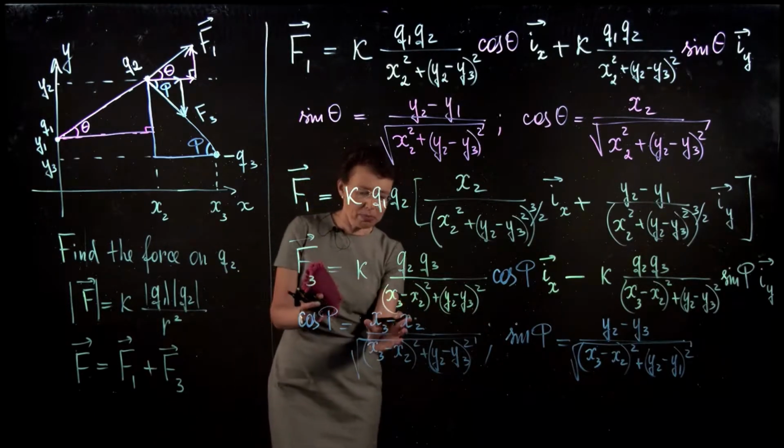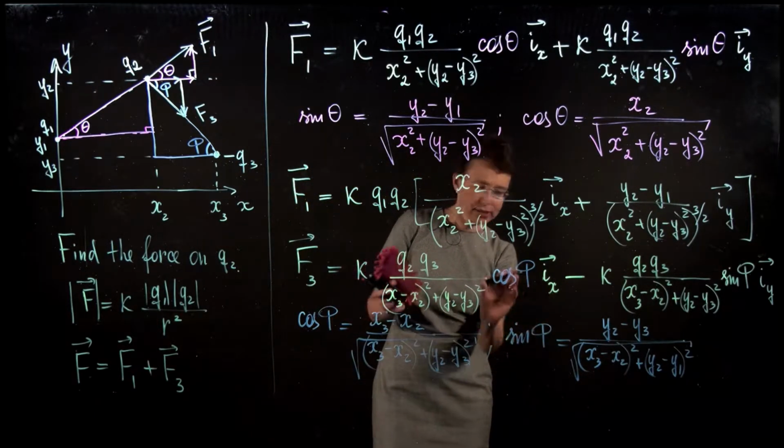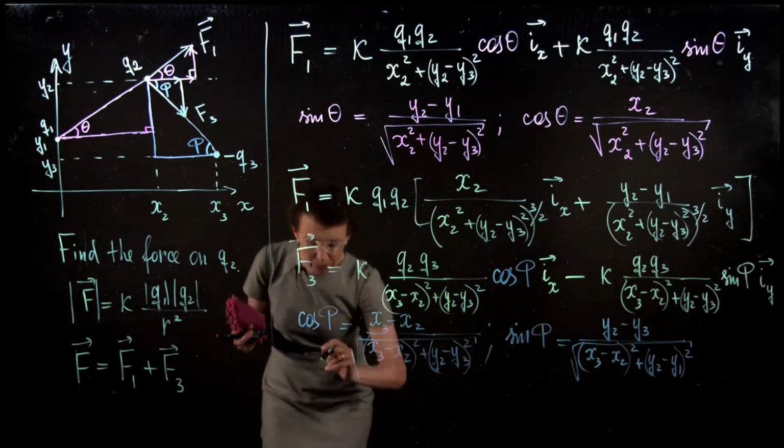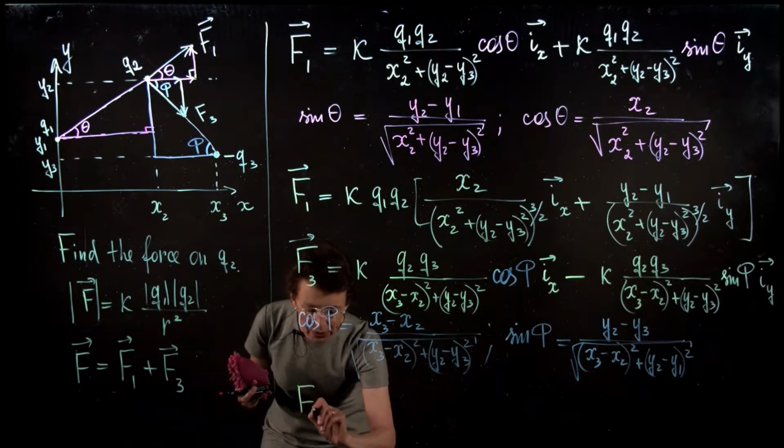And now I bring cosine phi and sine phi into my formula for F3, so we will find F3.